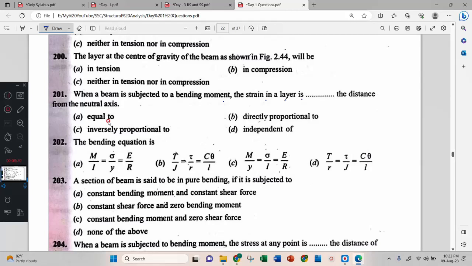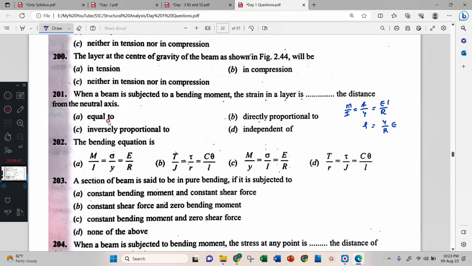Write that equation, M by I equal to f by y equal to E by R. Now we'll consider f equal to y by R into E. Correct?